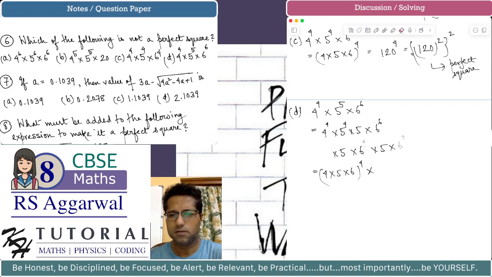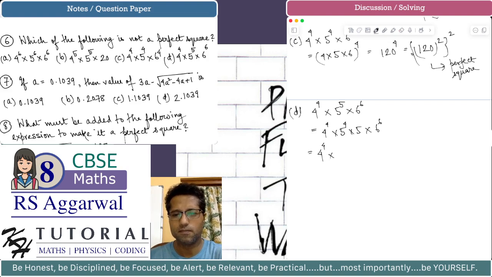Let's not split the exponential term of 6 with base 6. So this is equal to 4 to the power 4 multiplied by 5 to the power 4 multiplied by 6 to the power 6 multiplied by 5.